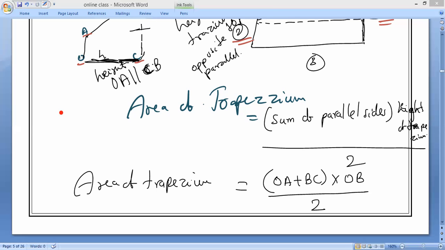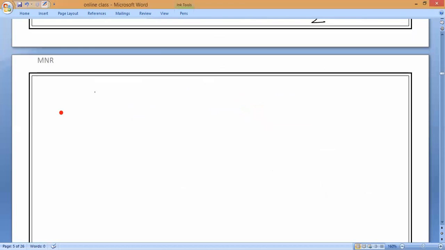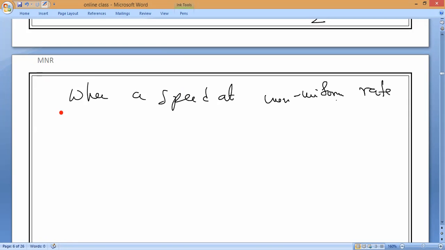Now, you tell me, when the speed changes at a non-uniform rate, what is the graph? When the speed changes at a non-uniform rate, what will happen? The graph will be curved.